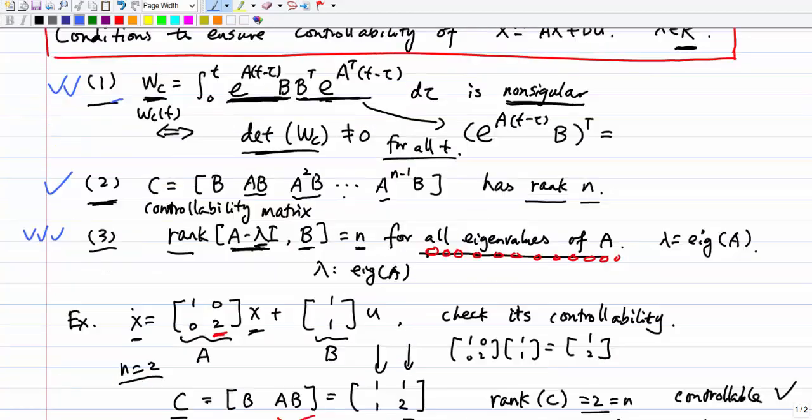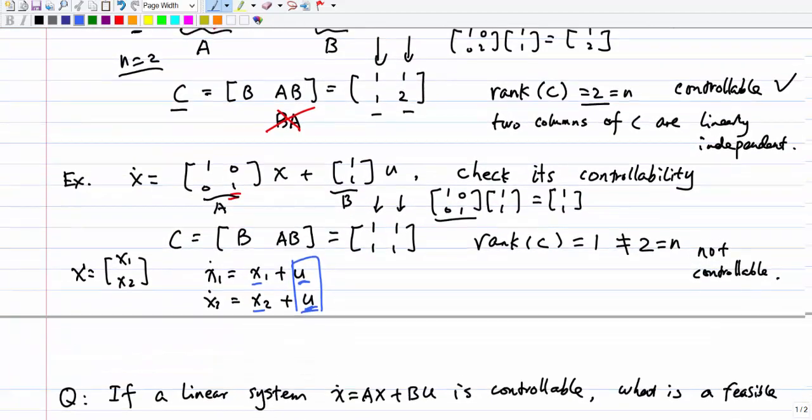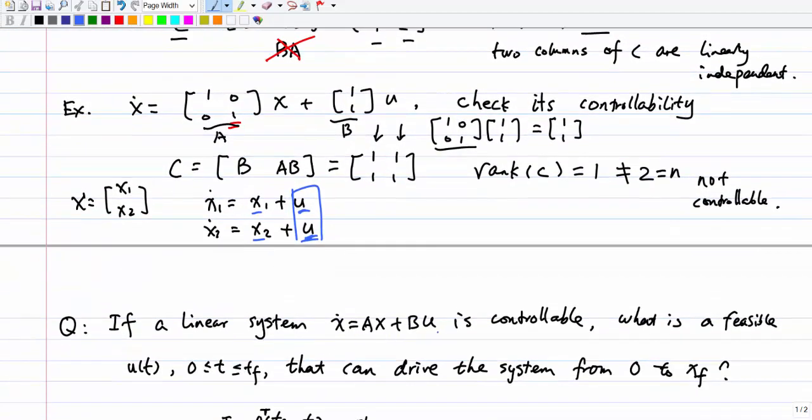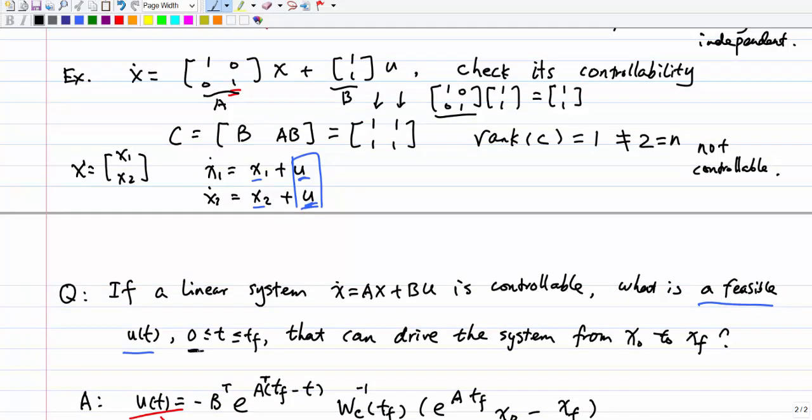The next question is, if I give a linear system which is controllable, what is a feasible control input u(t) that can drive the system from an initial state x0 to xf? Assume the starting time is 0 and ending at tf.